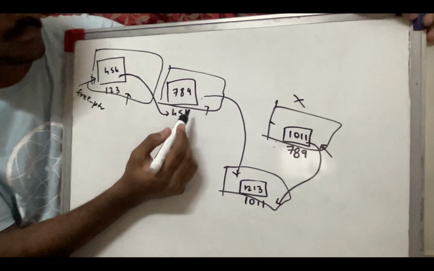My current block will point to 789, and my next block is 789 itself, but treated as a pointer to a pointer. So by dereferencing we get 1011, and if we get 789, the address of 789, we don't have the value of it.